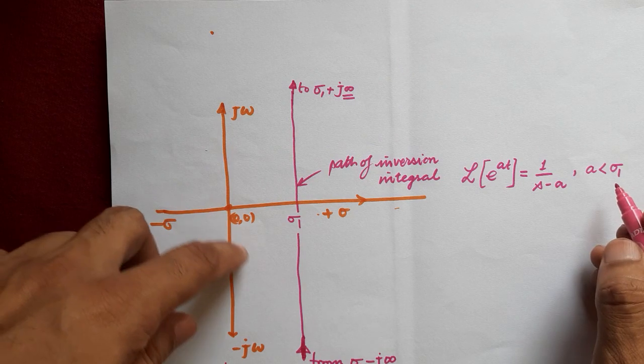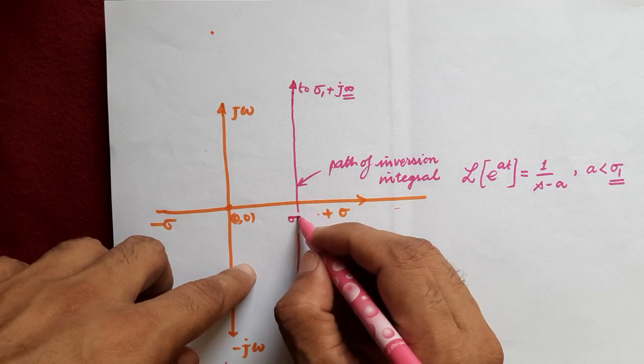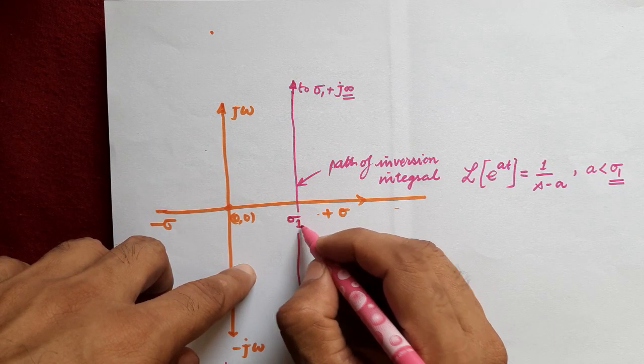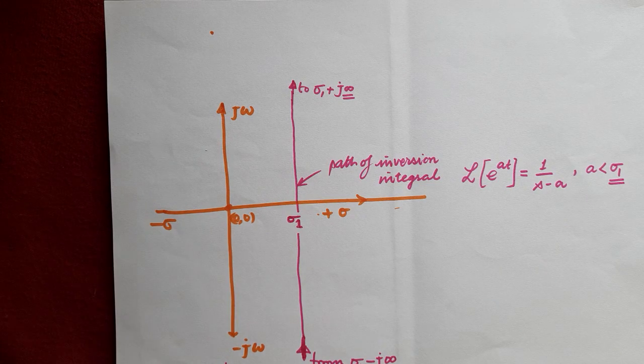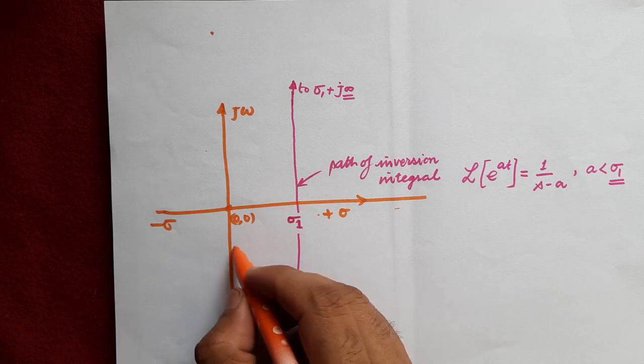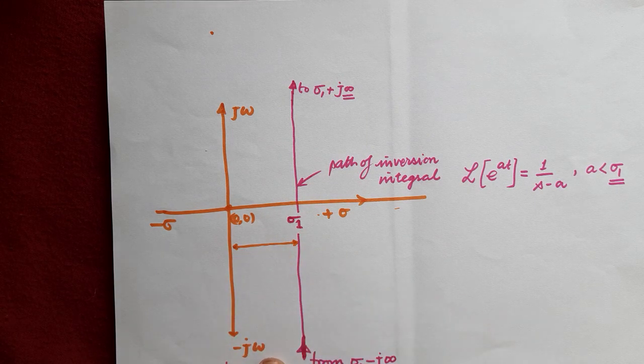So a should be less than sigma 1, which means it lies between these two lines.